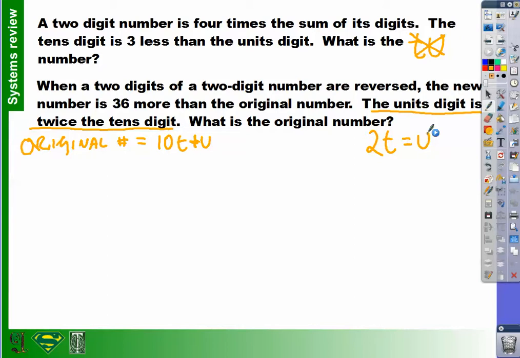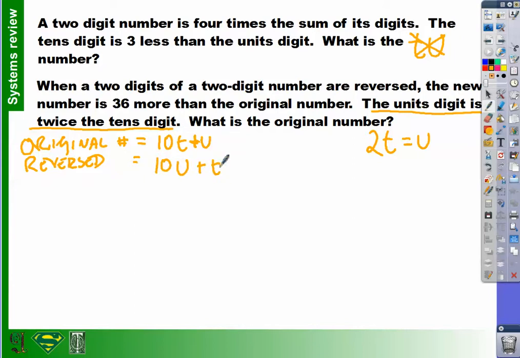So now we have to tackle that first sentence, and it's pretty ugly. If our original number is 10t plus u, what's our reversed number going to be? 10u plus t. So the reversed number is going to be 10u plus t.